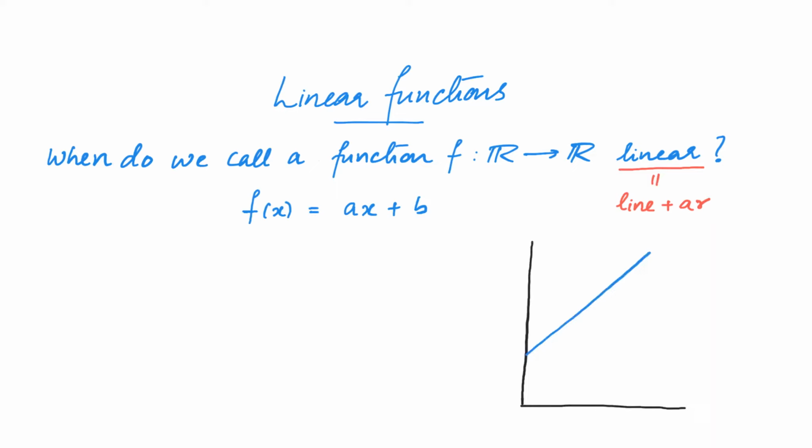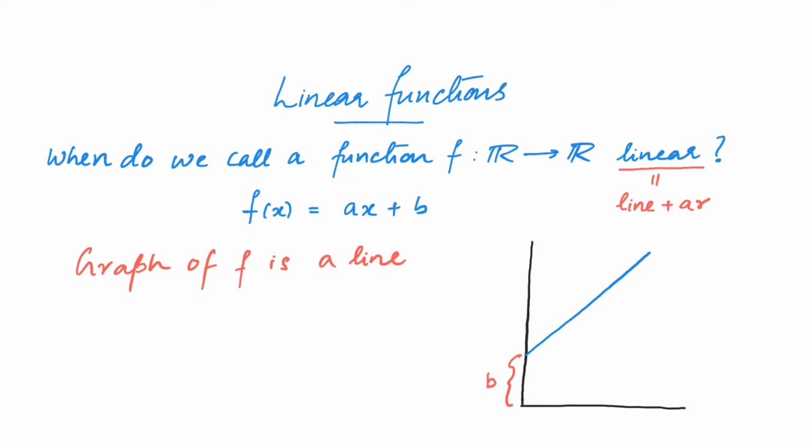Now, the answer to this question is that the graph of the function f is a line. Most of you would be familiar that f(x) = ax + b is the equation of a line, and in fact b is the y-intercept, that means the place where the line intersects the y-axis, and the slope of the line is equal to a.